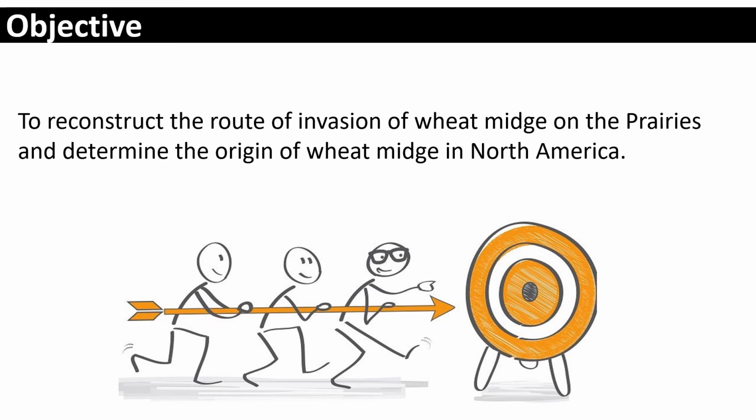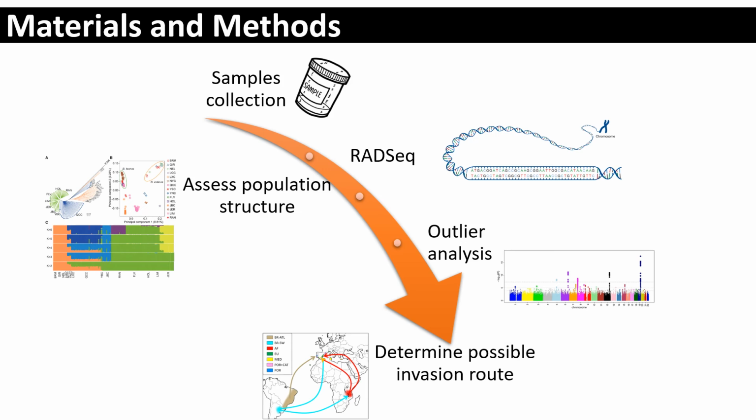So let's talk a little bit about how we're going to achieve this task. We will collect wheat midge populations across North America and possibly Europe through different collaborators. 20 to 30 specimens of adult wheat midges will be collected from wheat fields from different geographical populations. Once we have these samples, we will subject them to DNA extraction, followed by DNA sequencing.